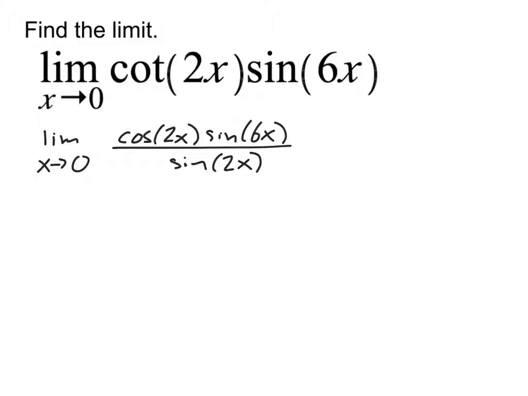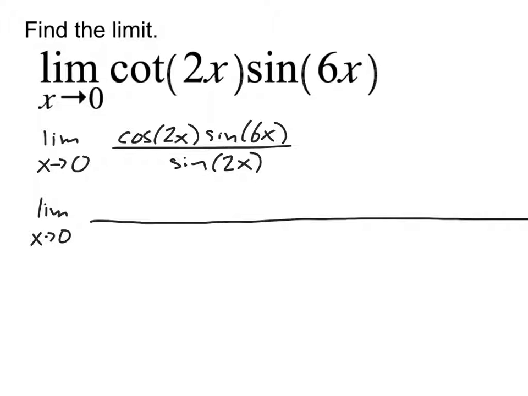All right. Now, again, if you tried plugging in just the 0 at this point, you would end up with 0 over 0. So again, that's why we have to use L'Hopital's rule. All right, so let's go ahead and use that rule. That means that we're going to be doing the limit as x approaches 0 of a big fraction.